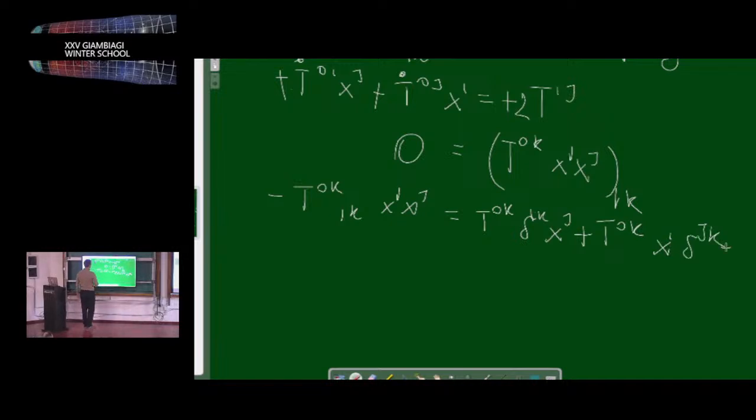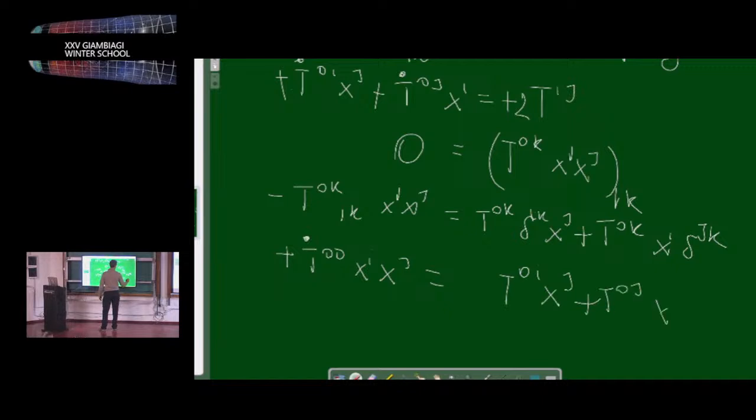So this is equal to plus T00 dot xi xj, and this is equal to, not twice T00, this is equal to T0i xj plus T0j xi.